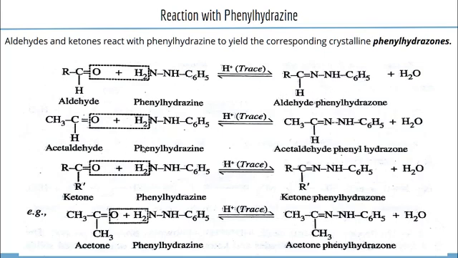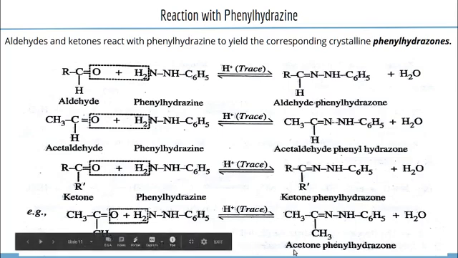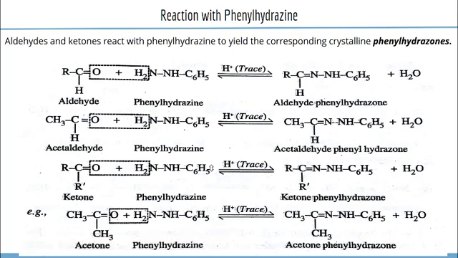Example, acetaldehyde on treating with phenylhydrazine, we will get acetaldehyde phenylhydrazone, just like aldehyde hydrazone. In the case of ketone on treating with phenylhydrazine, we will get ketone phenylhydrazone. Example, acetone on treating with phenylhydrazine, we will get the corresponding acetone phenylhydrazone. So with phenylhydrazine, we will get the corresponding phenylhydrazones.